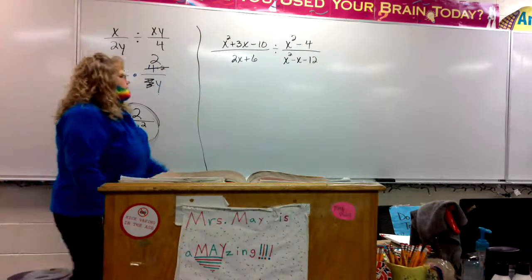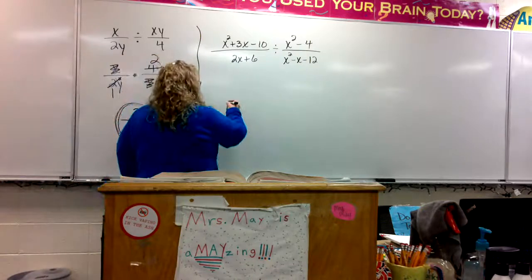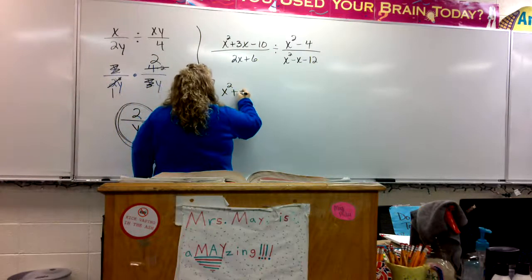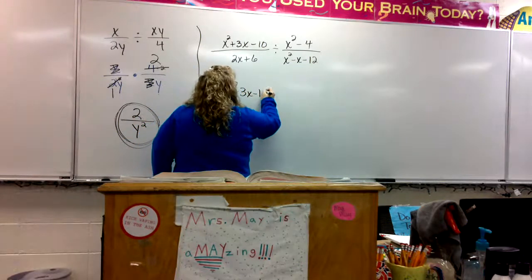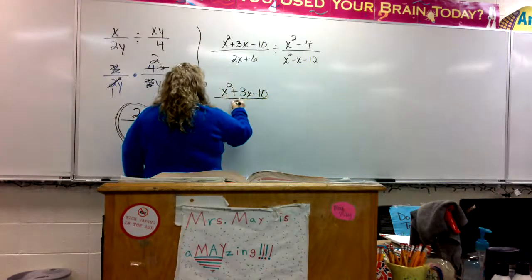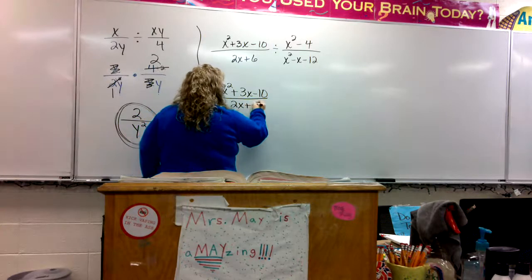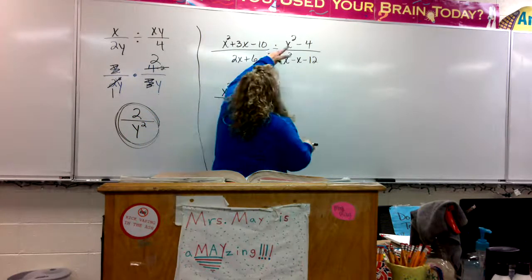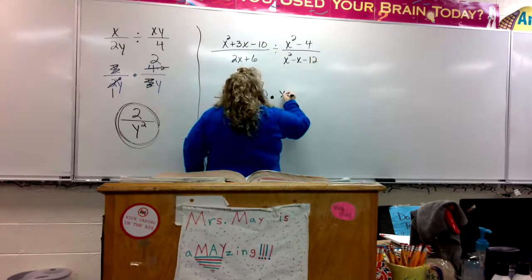How about this one? Well, when you divide fractions, you leave the first thing alone. So I'm not going to do anything with this one. And instead of divide, I'm going to multiply by the reciprocal. I'm going to flip it.